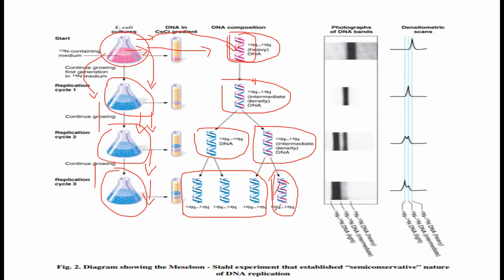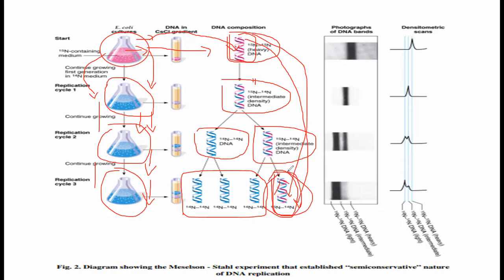If you look at this double helical strand, one strand comes from the old strand. This 15 has come from the first culture. That is why 50% of this DNA has two strands: one strand belongs to the old one, and one strand is newly synthesized. So we call it semi-conservative.